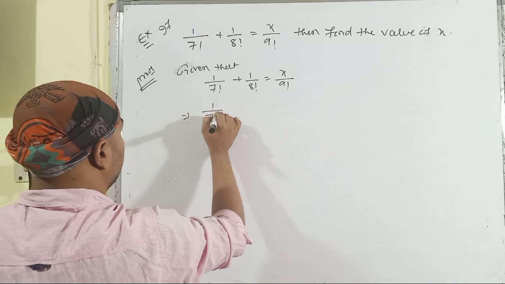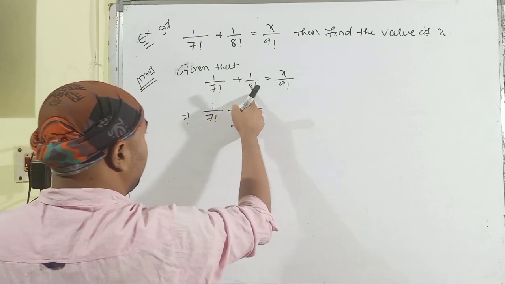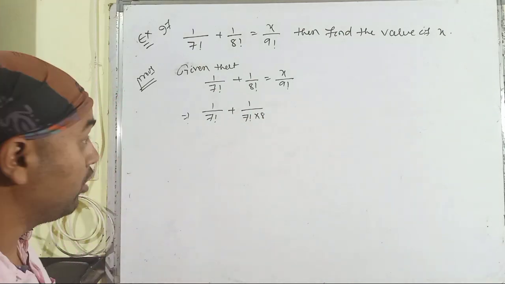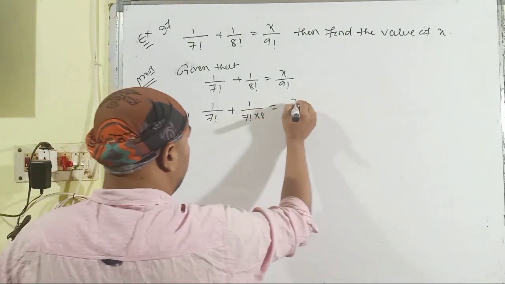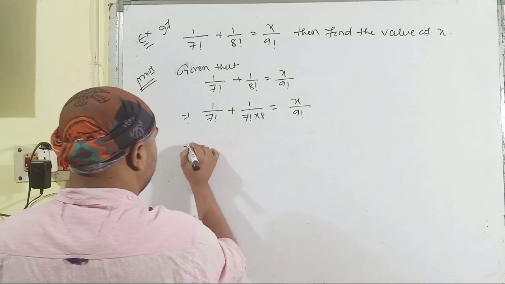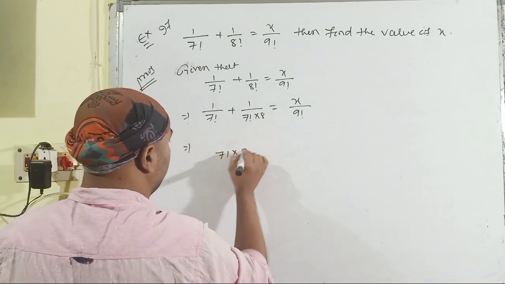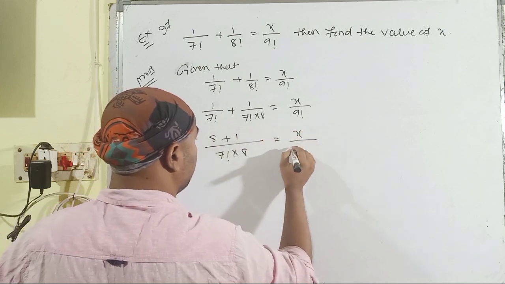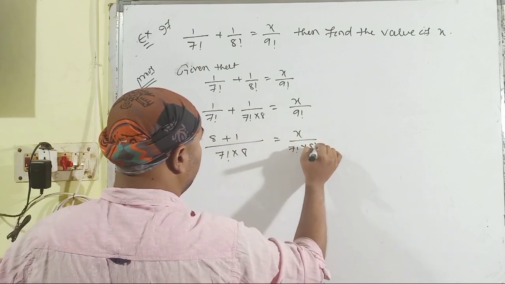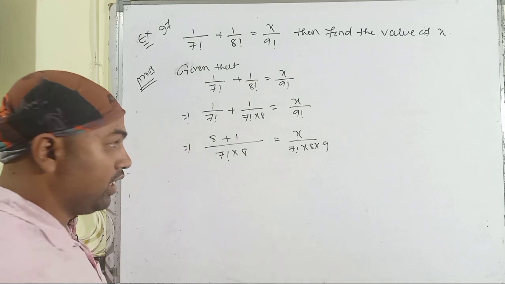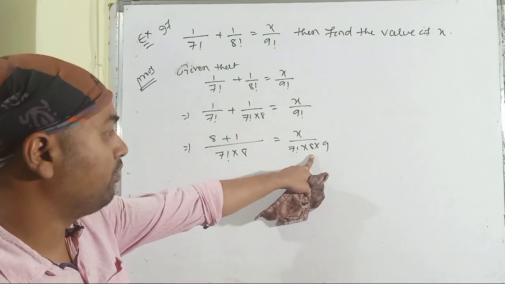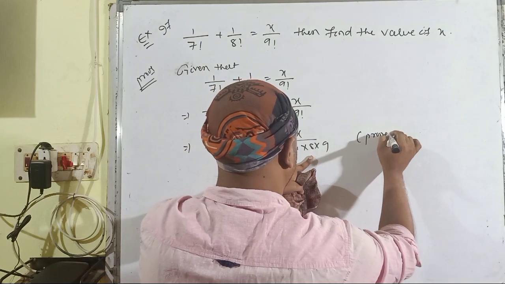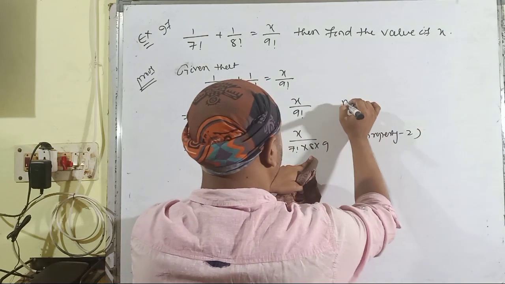Then 1 upon 7 factorial plus 1 upon 8 factorial is converted into 7 factorial into 8 according to property number 1, and this is x upon 9 factorial. Then taking the LCM, here it is 8 plus 1, and that is x upon 7 factorial into 8 into 9. Why? Using property number 2 here. Here we have used property number 2 and here property number 1.